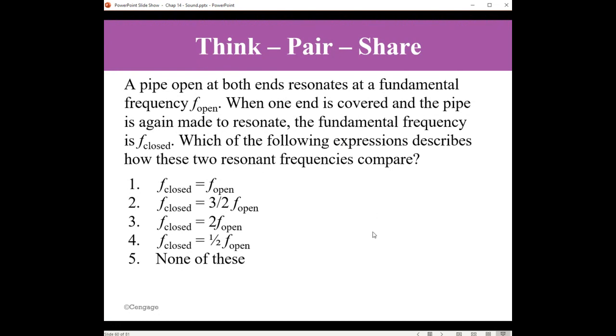We know that when you close one end, now you have a new resonance for the tube. For the open tube, it is V over 2L. For the closed tube, it is V over 4L. So F closed is 1/2 F open.